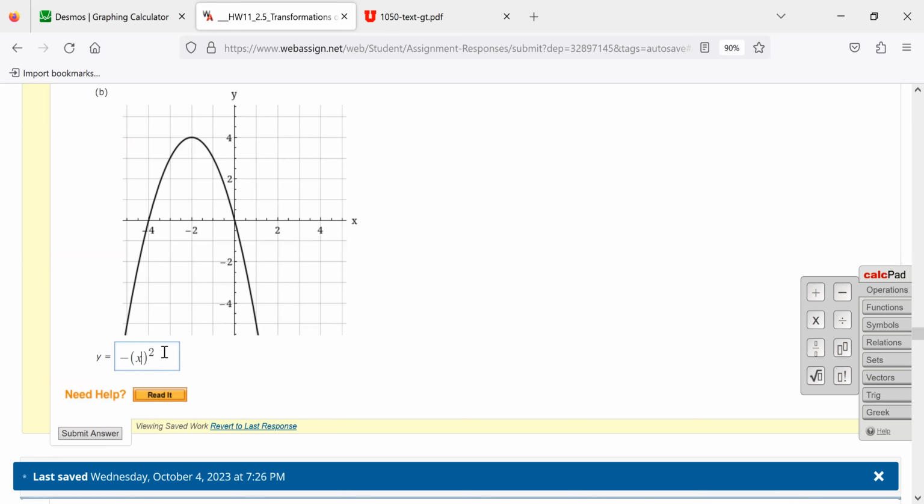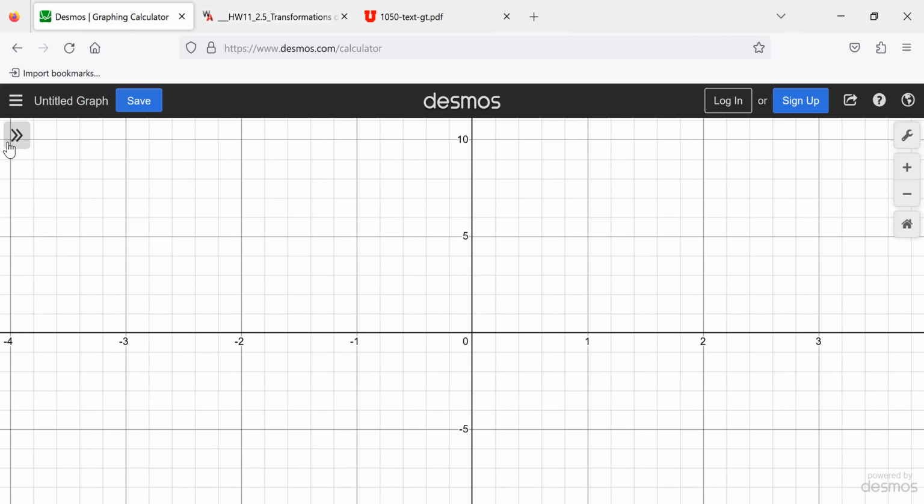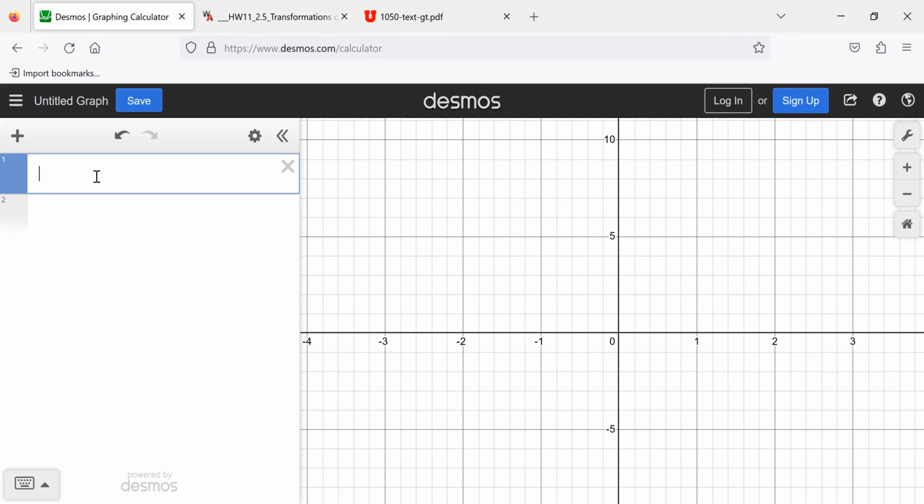Yeah, it's going to be opposite, right? If we're going upward 4, we put plus 4. Yeah, and you can always do it on decimals to see, right?